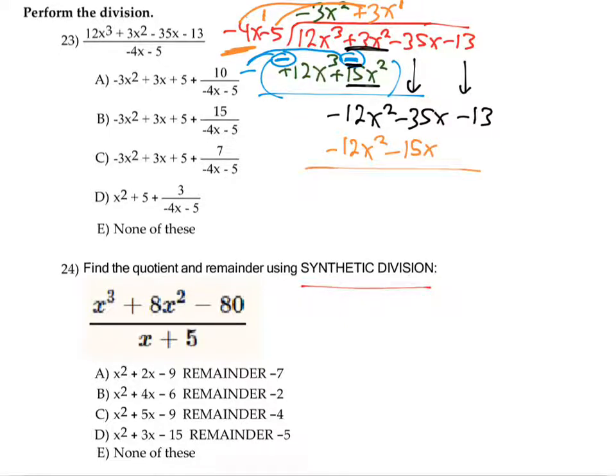And now we're going to subtract. So when we subtract, we're going to go boom and make that plus. And boom, remember the minus distributes because you're subtracting the whole bottom line. So it's got to change all the signs on the bottom, doesn't it? All right, let's add them up. −12x² and now +12x², 0.